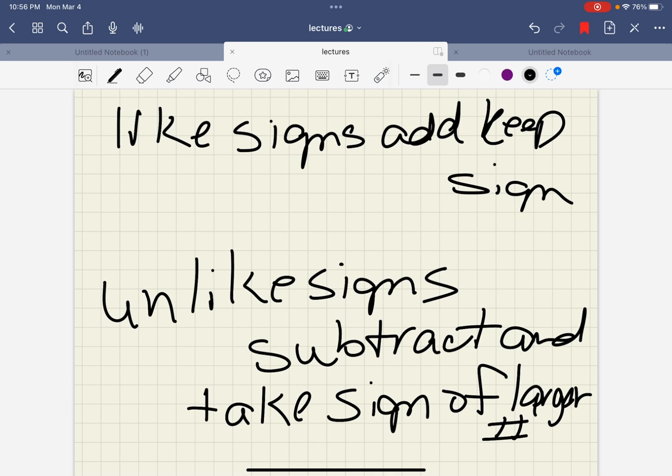So this would be like a positive plus a positive, or a negative plus a negative. Unlike would be a positive added to a negative, or a negative added to a positive.